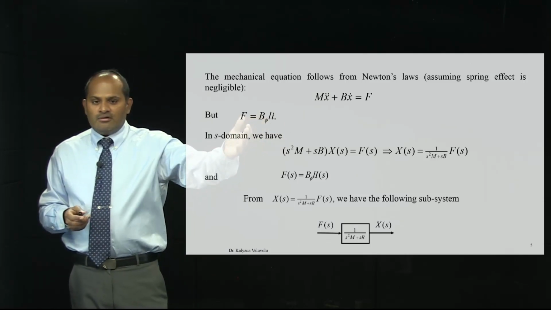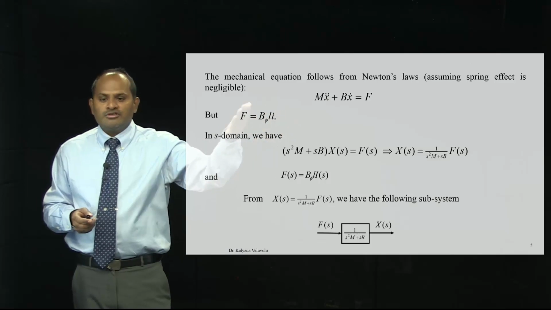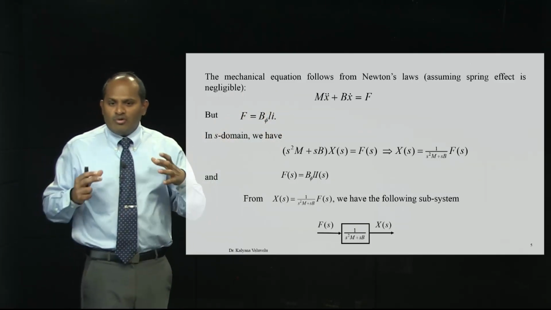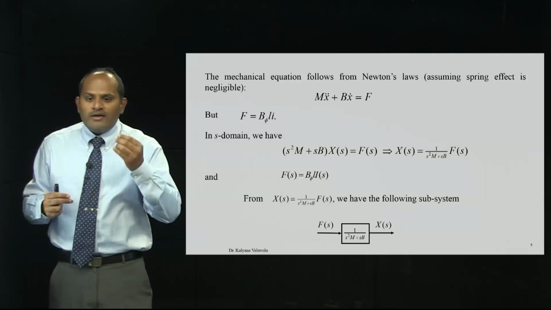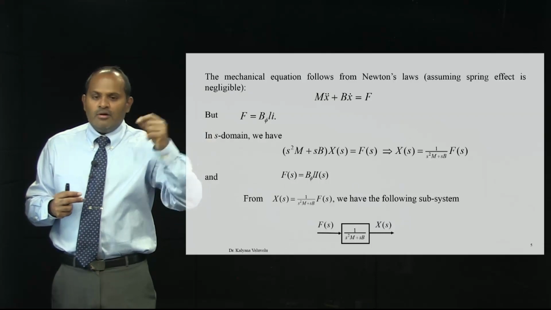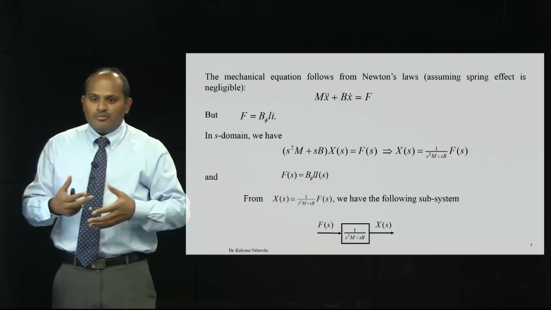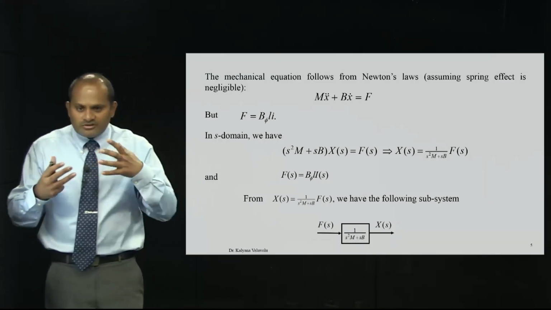Now, let us choose the second equation, F is equal to B phi L i. What is input, what is output? Current produces force, current is the input, force is the output. In every modeling equation, you need to understand what is the cause, what is the effect, what is the input, what is the output. Then you can actually do the modeling. It is very important that you understand how the actual system works.